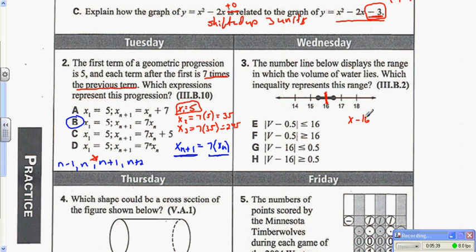It sounds strange, but minus 16, when it comes to graphing, does shift a graph to the right. If I said x plus 16, it would shift it to the left 16. But it is not at negative 16, it is at positive 16. So this shifts it to 16.